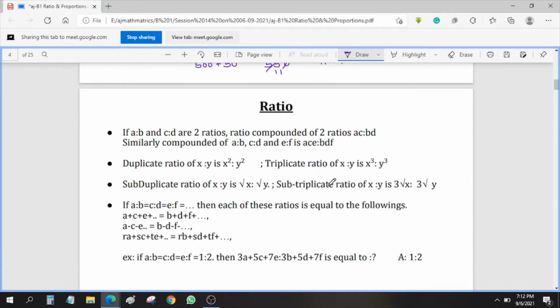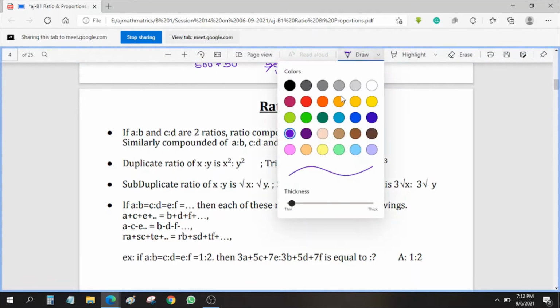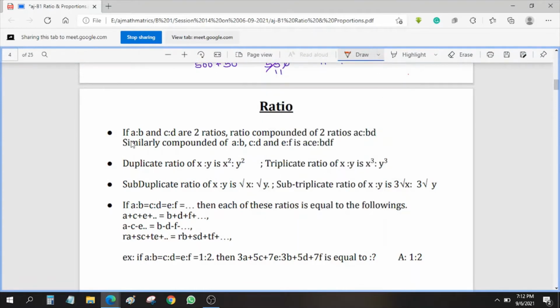Now we have a few more important points related to ratios. If A is to B and C is to D are two ratios, maybe non-math students feel uncomfortable listening to this, but these are things you have to know. You may remember them or not, that's your wish, but you need to know these things. They are helpful to solve a few questions, so that's why I'm telling you.